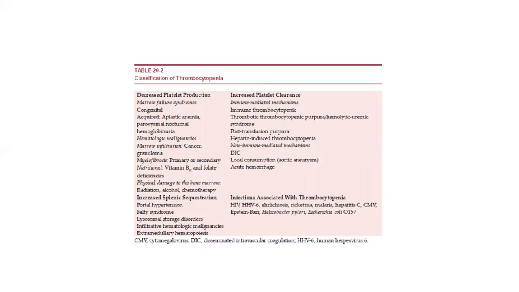All these infections: HIV, HHV, malaria, dengue. Actually, in this list dengue is not given, but I always tell the six fevers, right? Undifferentiated fevers. All those things can cause thrombocytopenia: typhoid fever, dengue, malaria, rickettsia, leptospirosis. Everything can cause thrombocytopenia.